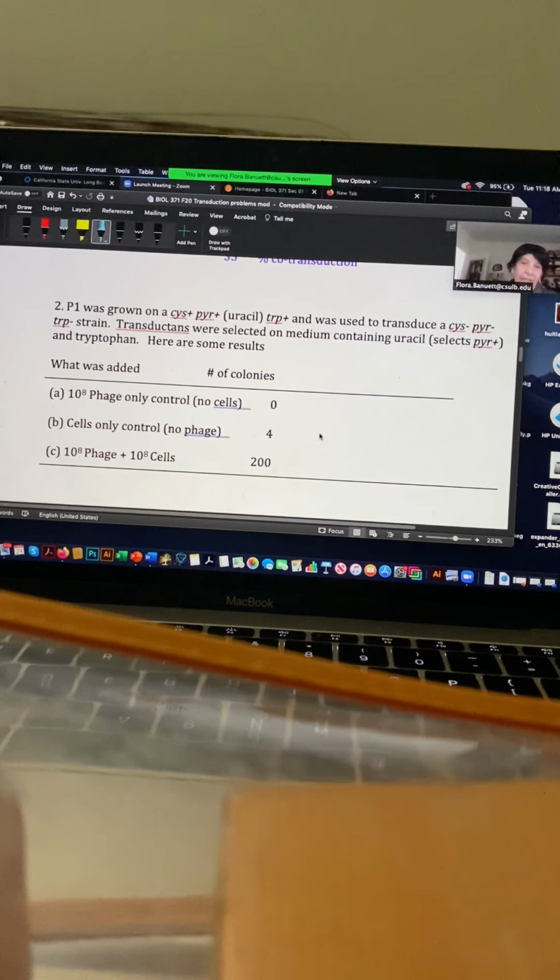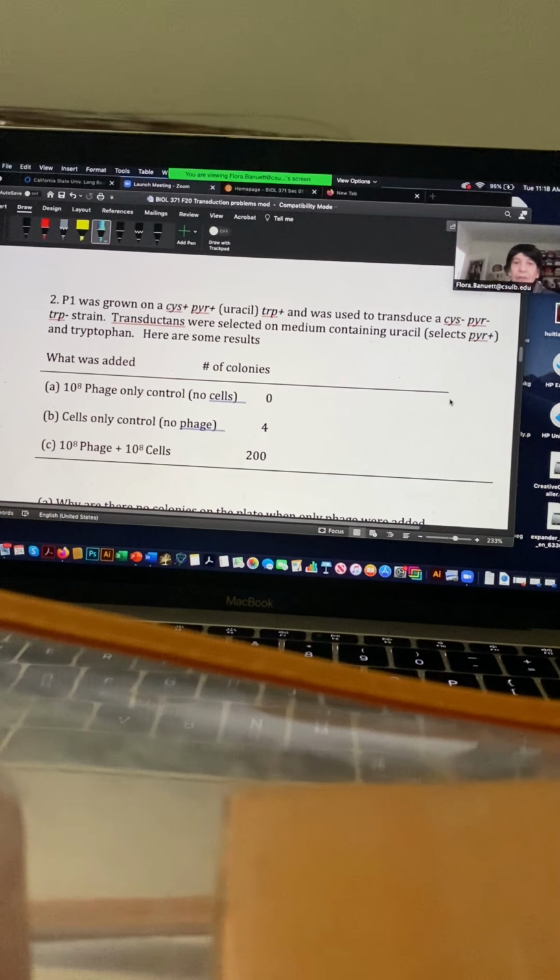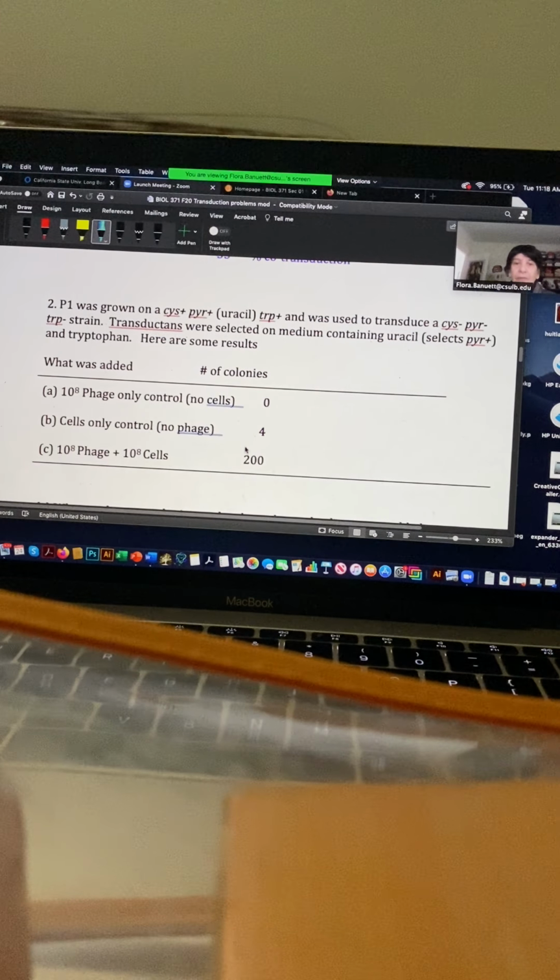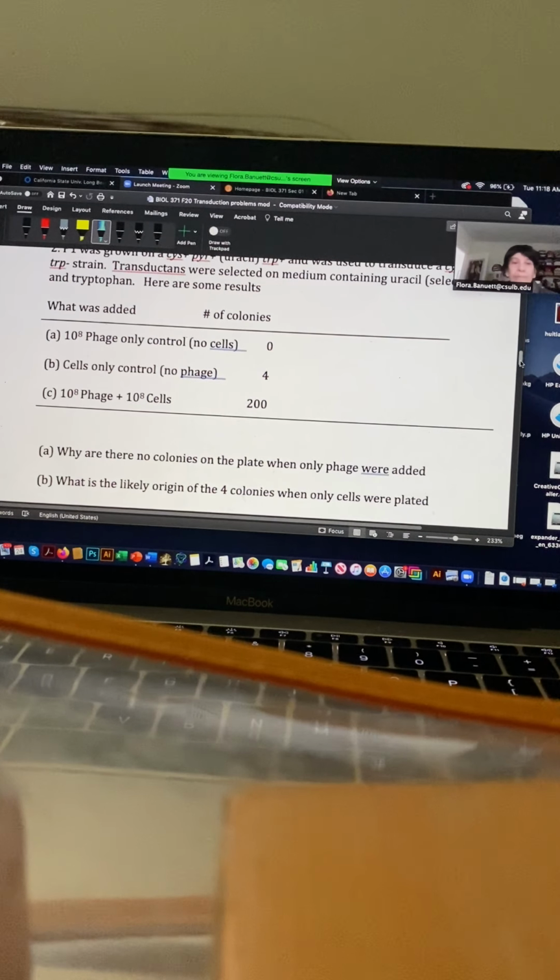Okay, so this is another control, to make sure that your markers are fine and you're not getting a ton of these colonies, because that will interfere with your results. And then C, so here is phage and cells. So what do these 200 represent?